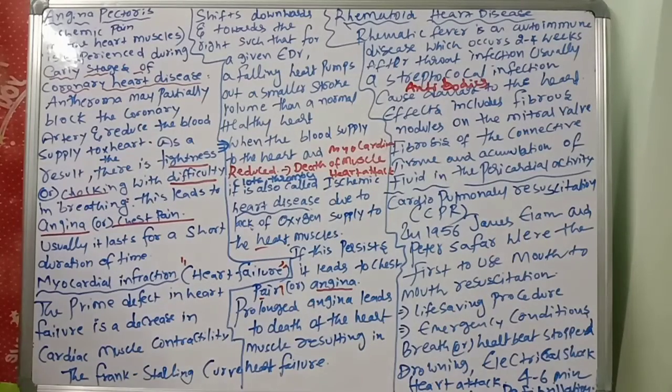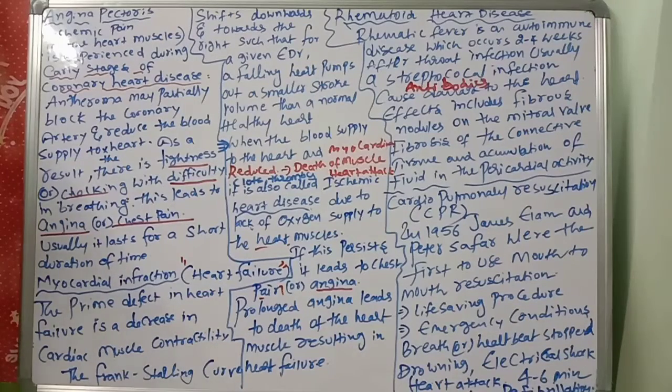The effects include fibrous nodules on the mitral valve, fibrosis of the connective tissue, and accumulation of fluid in the pericardial cavity.